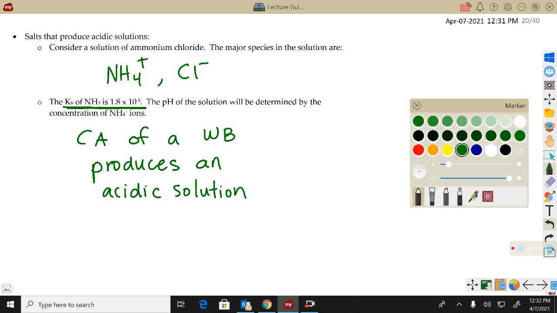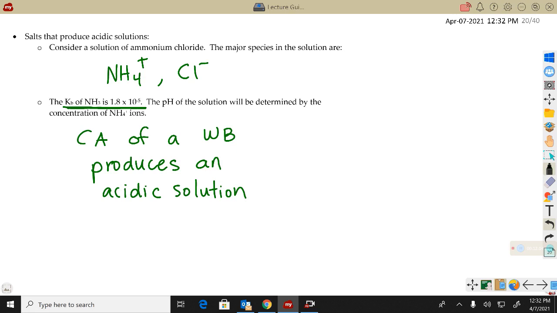So here's kind of what would happen. The chlorine is 100% spectator. The chlorine's not going to add hydrogen, and it's not going to remove hydrogen. But if I have that NH4+ ion in solution, which means water's present, well, yeah, that thing's a conjugate acid. If he's acting like an acid, it means that he can donate hydrogen.